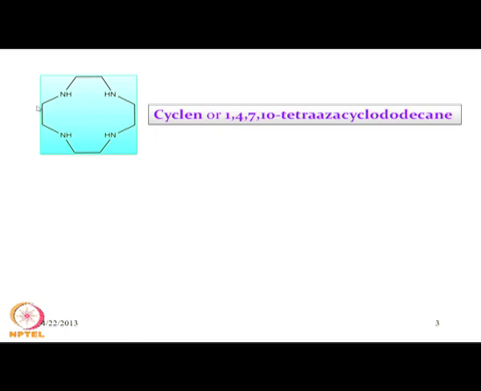So, it has 8 plus 4, 12 atoms in the backbone. In tacn we have 9 backbone atoms, that is why the nomenclature ends with nonane, and this is dodecane.